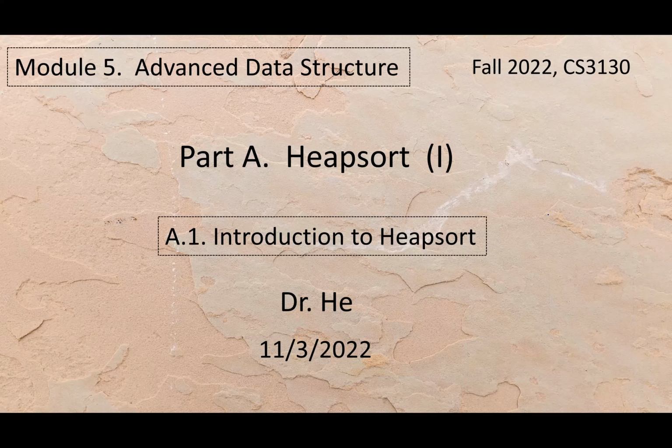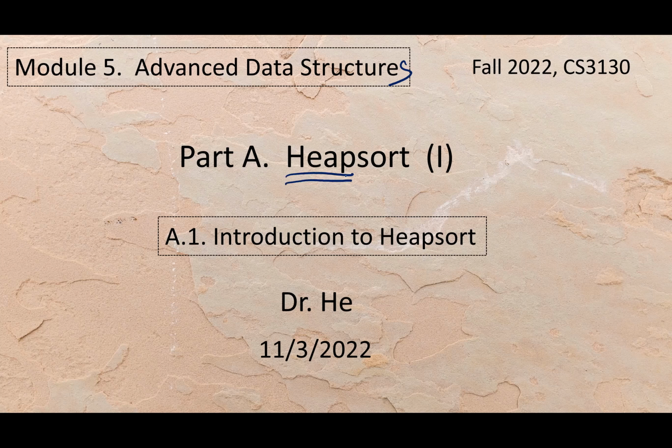All right. Module 5, the topic of advanced data structures, more than one. Now we will do 2 advanced data structures in this part. One is heap sort. Heap sort, we use the heap data structure.